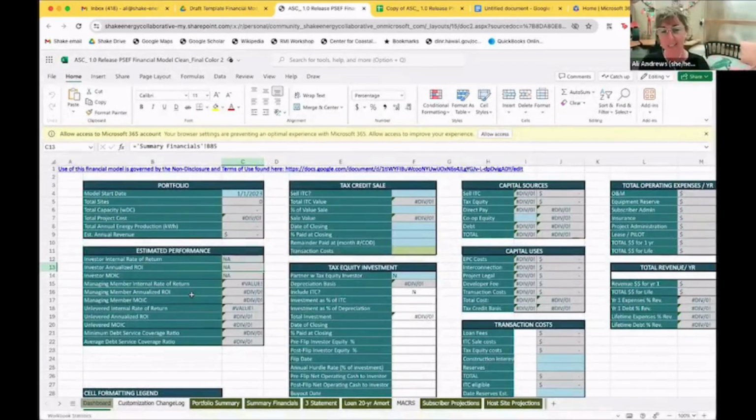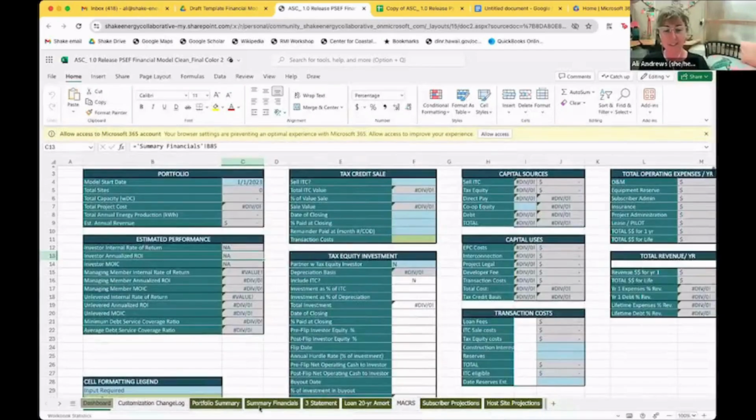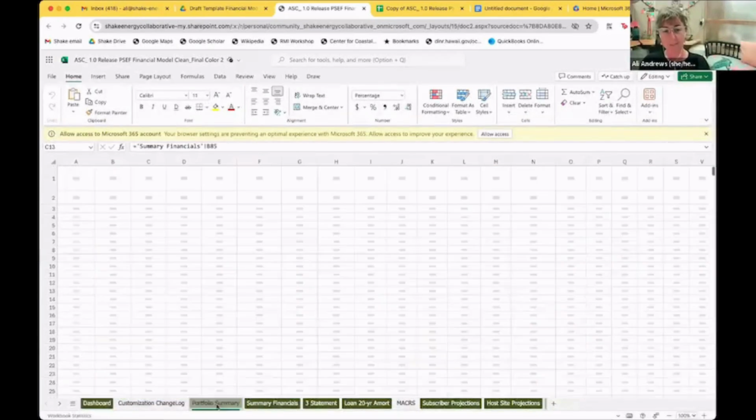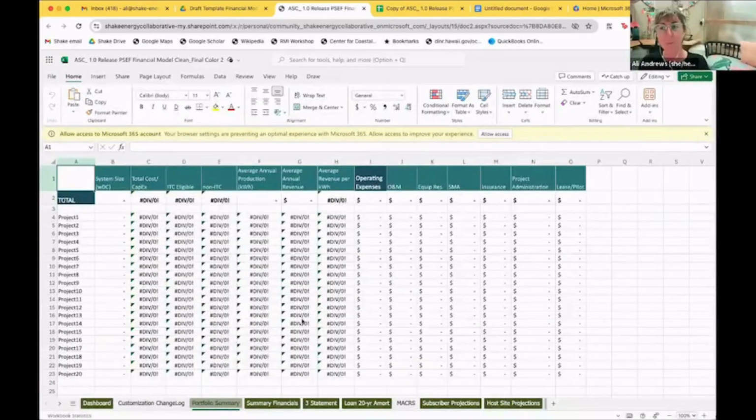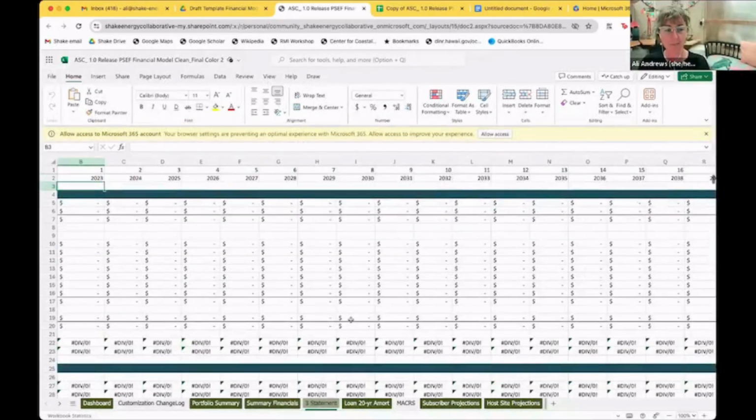That's because we haven't put any information into the model yet. The way that the model works is there's a bunch of these summary tabs. There's a portfolio summary that would be populated once we put all of our data in. There's a summary financials that would also be populated. All of these things are blank right now.